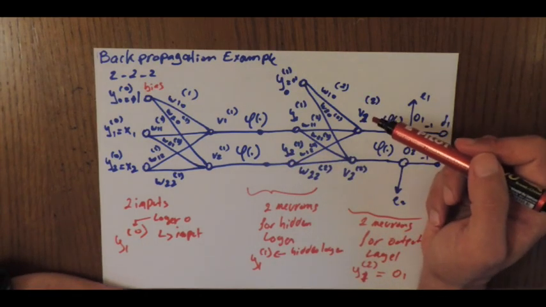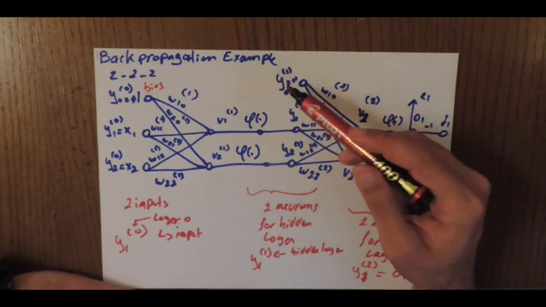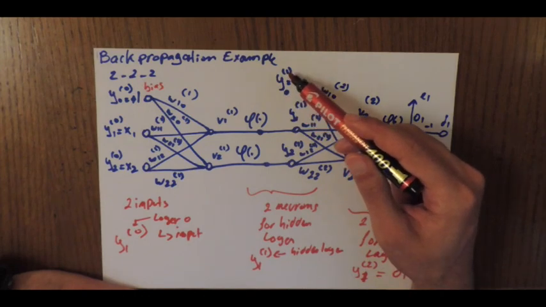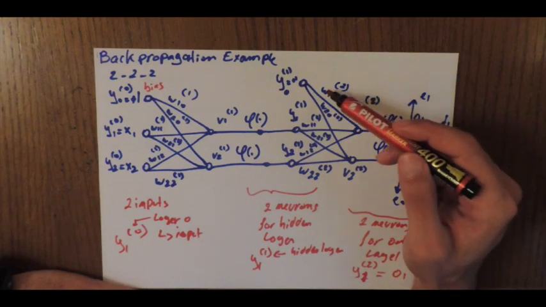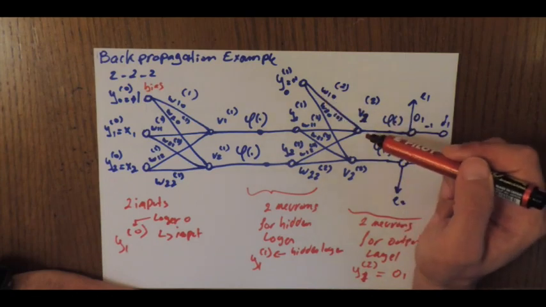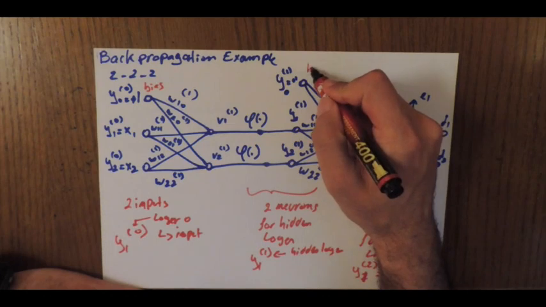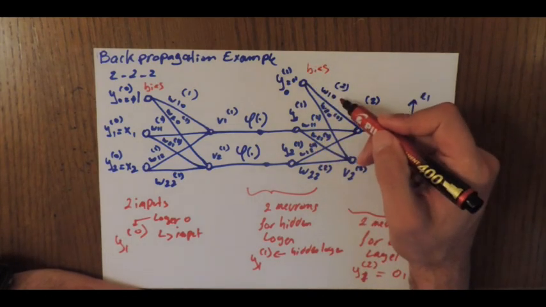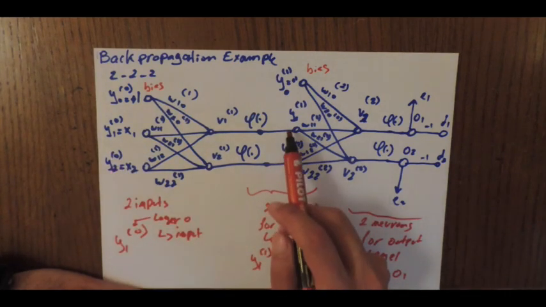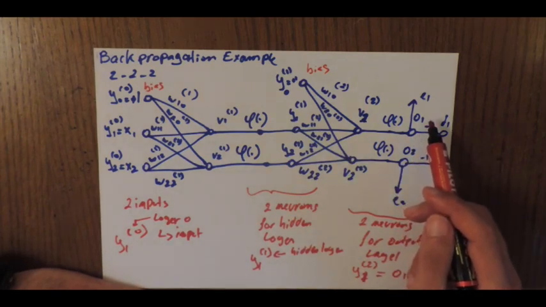If we look at the next layer, the output layer, we see that the input here is y0, which is the first one, of 1. So this is the hidden layer. And w1 of 0, so w1, 0 of 2, which is the second layer. Of course, this is the bias. The bias is w1, 0. So we have y1 of 0 input, y1 of 1 hidden, and y1 of 2, which will be the output layer.